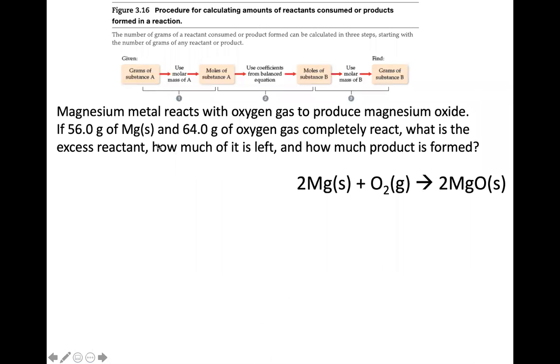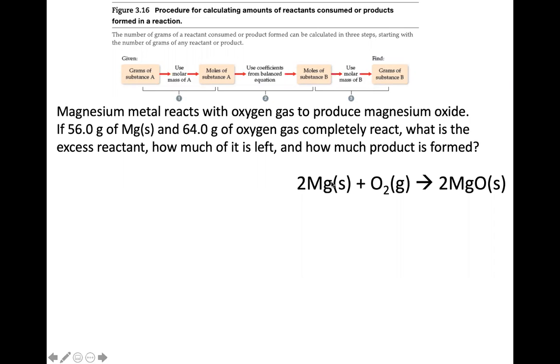Now, let me show you within this one how this goes down if you want to consider a limiting reactant using dimensional analysis. So here we have a balanced chemical equation. I got this balanced chemical equation from this word description. So let's practice the word description. Magnesium metal reacts with oxygen gas to produce magnesium oxide.